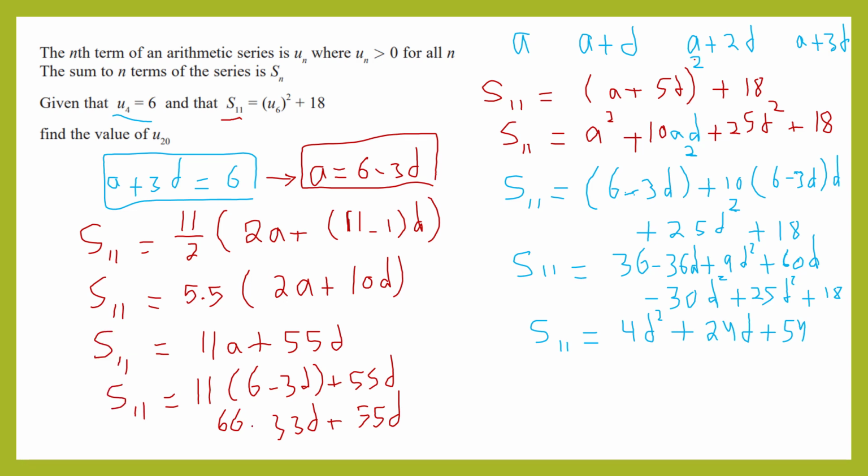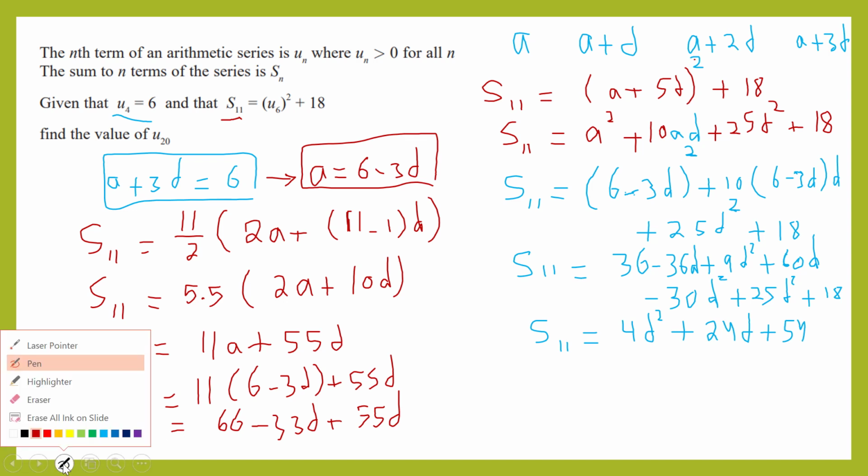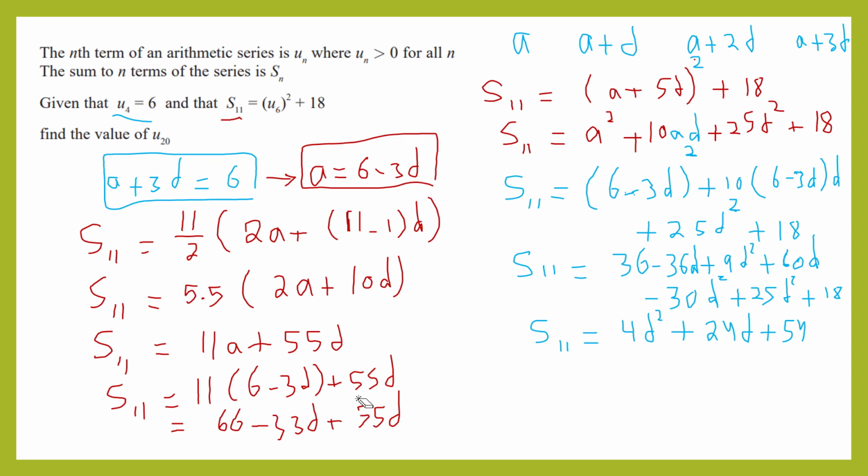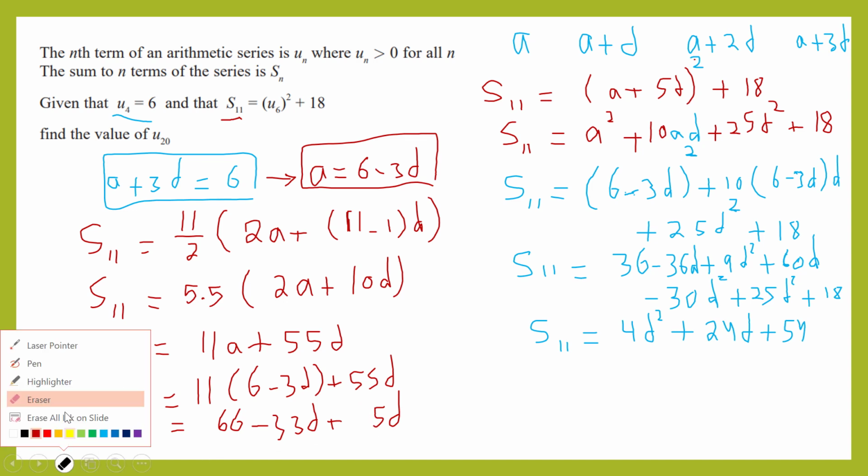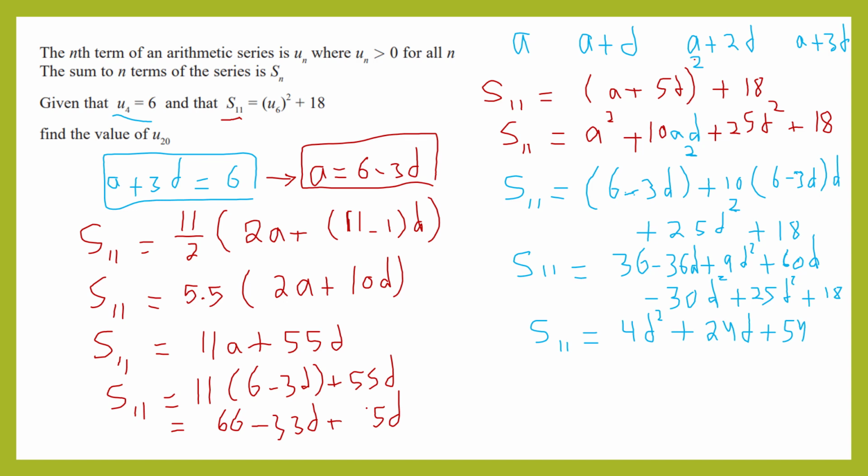This is S11, so it can be written at the end as 66 plus 22d. And here we have 4d squared plus 24d plus 54.